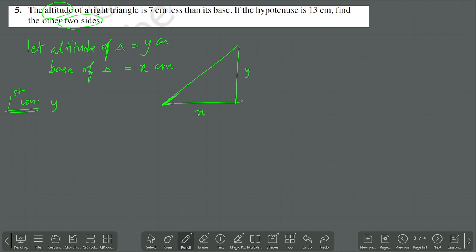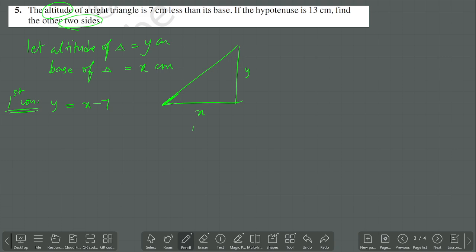Altitude is y. Altitude of the right angle triangle is equal to 7 centimeter less than its base. Compared to base, 7 centimeters less. Which is less? Okay.